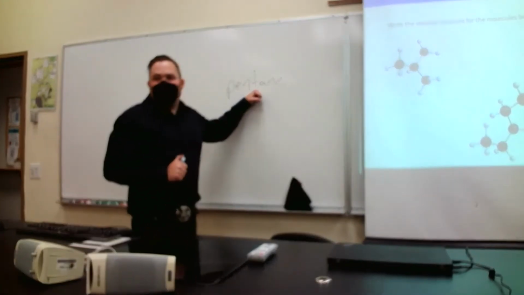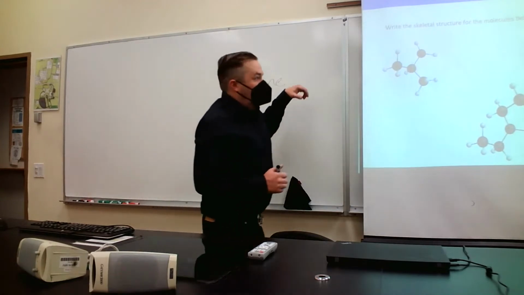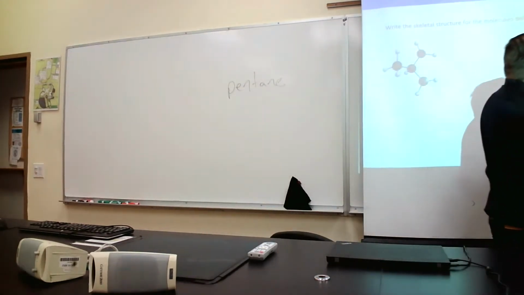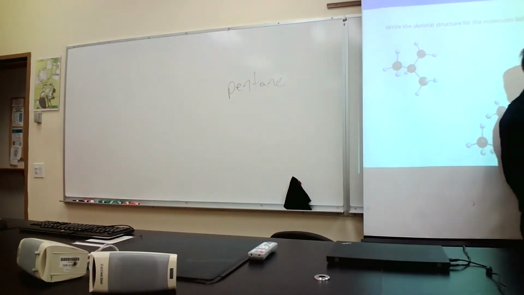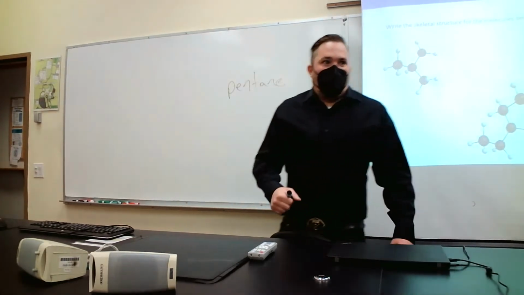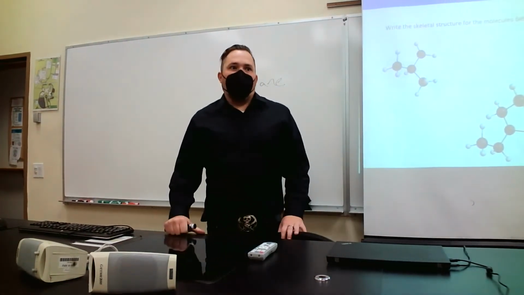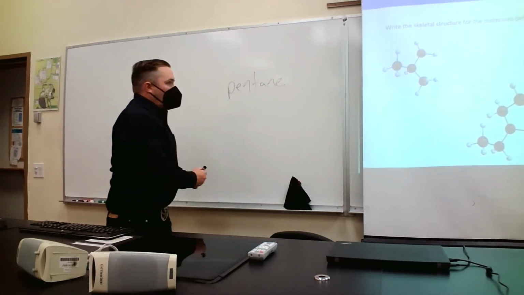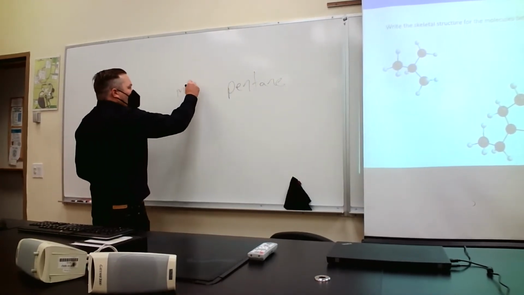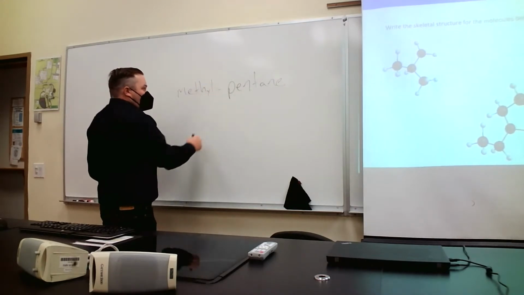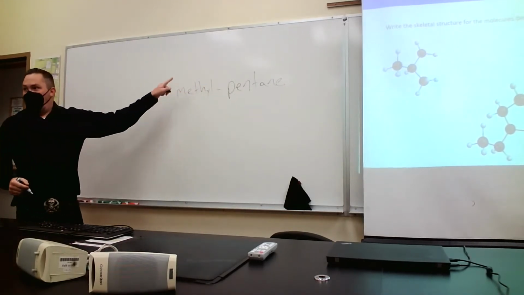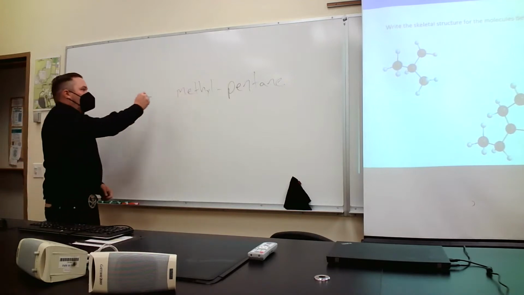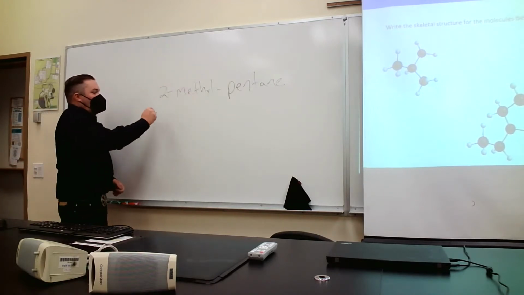Okay, now I know it's pentane. Now all I have to do, especially if you have it drawn on your piece of paper, once you circle this, all you have to do is add 1 prefix for anything that sticks out of your circle. Right, so methylpentane, and then once we realize, oh wait, we need to specify where that is, you add what's called the locant.